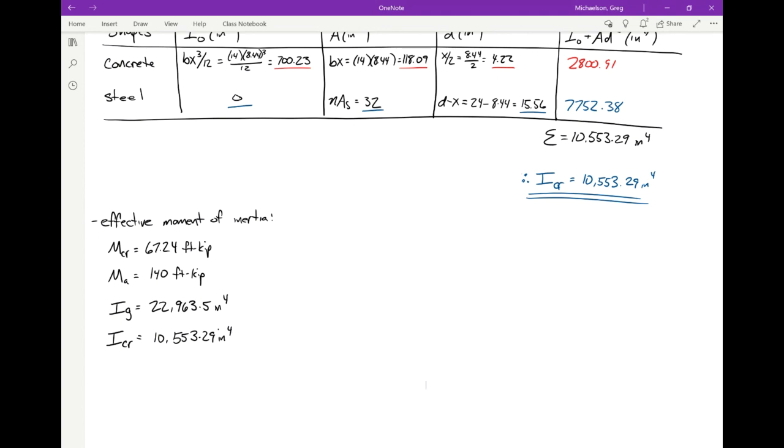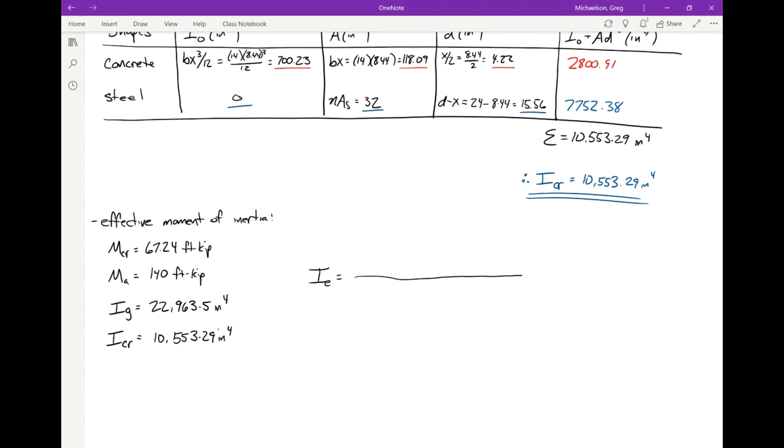All right. Now with that, we need to plug and chug into the formula for our effective moment of inertia, and that formula is as follows. Okay. So we have a fraction.